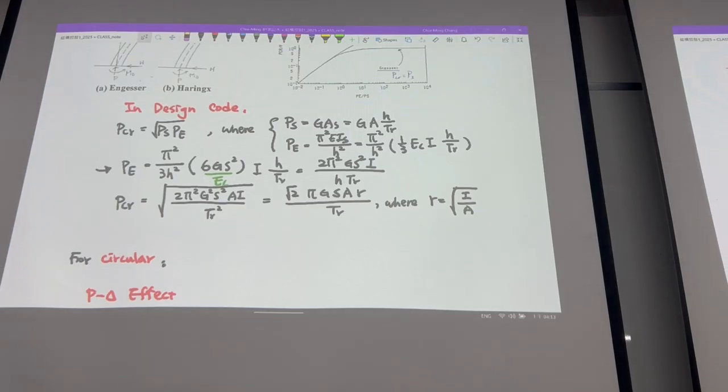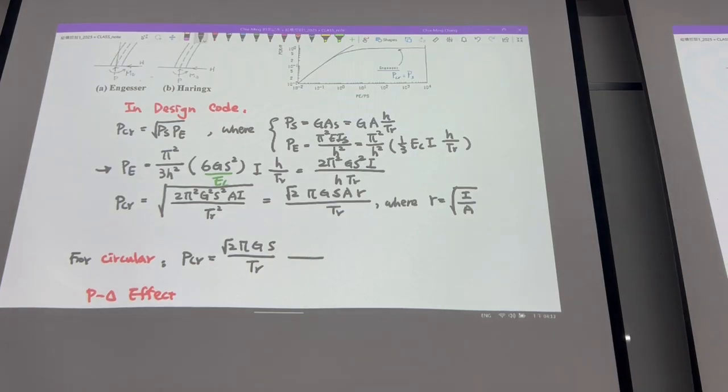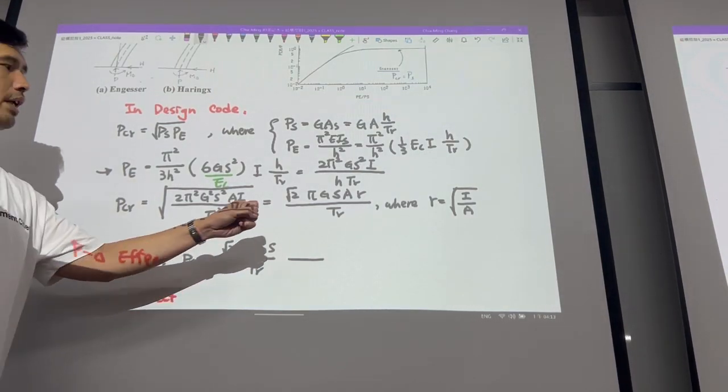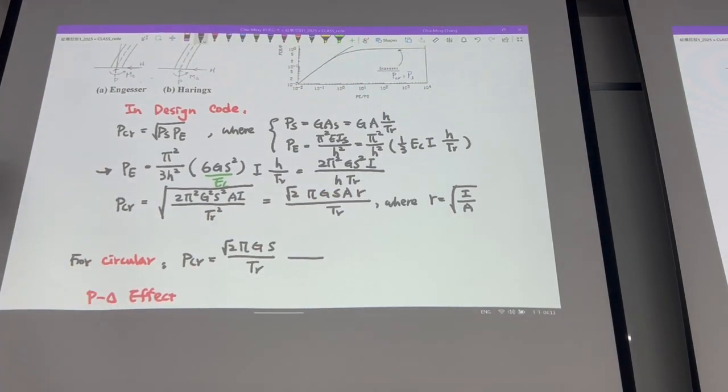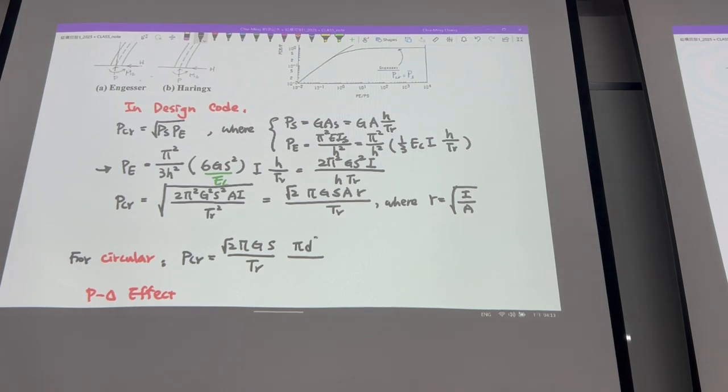So for a quick example, PCR for a circular type of isolation bearing, the rubber bearing, is the square root of 2 pi G times S divided by TR. A times R for a round shape is pi B cubed divided by 16.